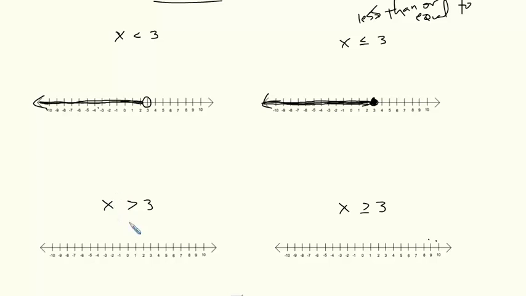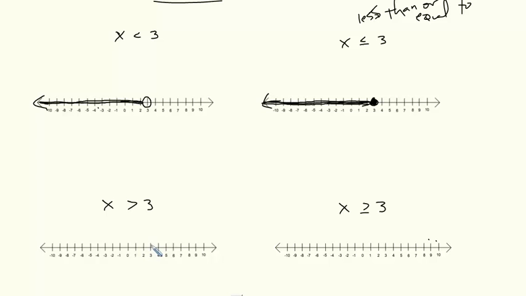Okay, and the way I think of it is that I'm reading from left to right. So x is greater than 3. All right, just wanted to share that with you just in case you were unsure of how to identify the inequality symbol.